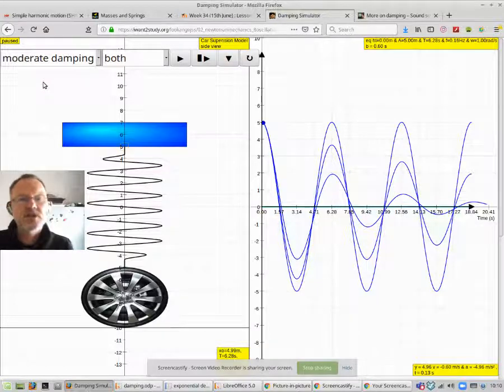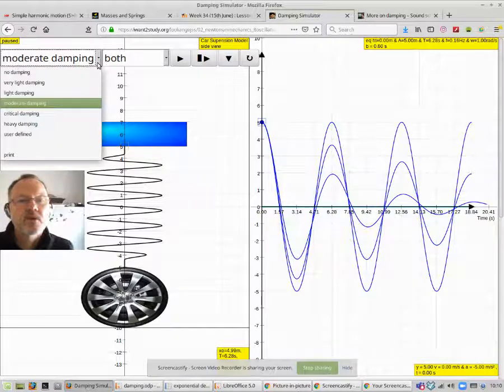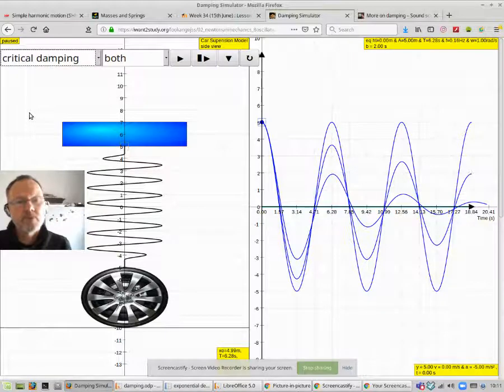Now, the two other types we can look at as well, which we'll just quickly show here, are important. One of them, which is really important in cars and vehicles, is called critical damping. We don't really want the oscillation to die away over time like this.